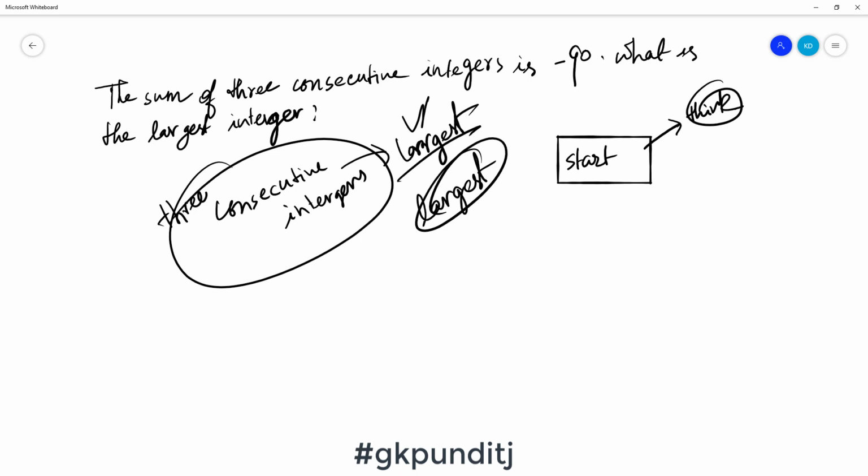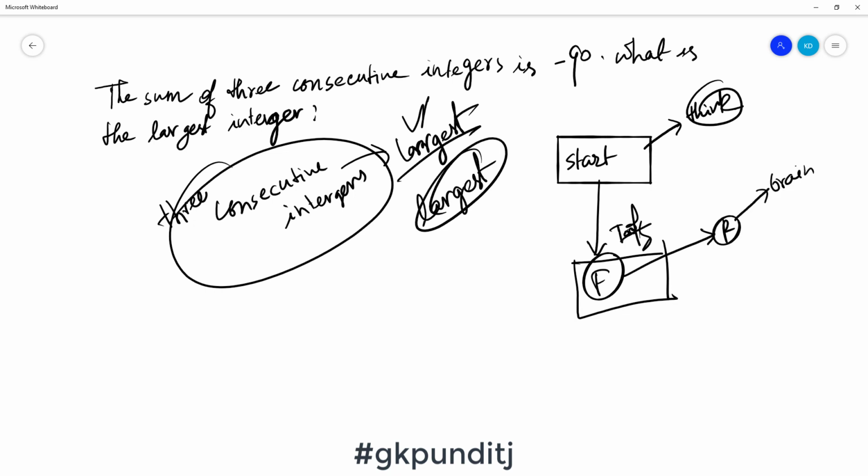From the thinking process, start, and for a tool, you need some tool here. So the tool here is a formula, and you have to find some definite relevant formula, and your brain is the process. Okay, so finding the relevant formula is your brain task.